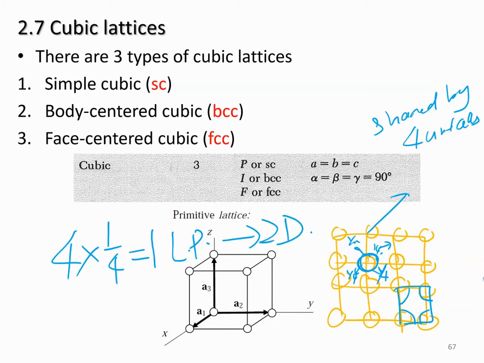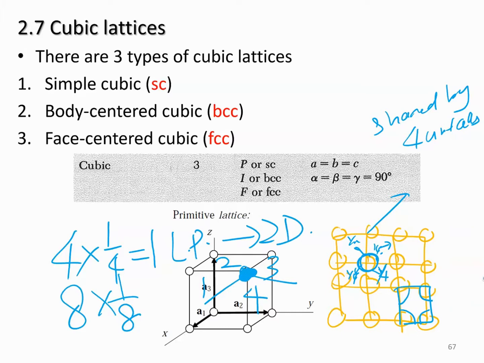Okay, so now we proceed to 3D. For 3D, each atom is shared by the other 8, so 8 times 1/8. That means this atom is shared by 8 unit cells. You can imagine 1, 2, 3, 4, and then the top another 4, so 8. For the cubic, each atom is shared by another 8 unit cells, but for 2D, each atom is shared by another 4 unit cells.